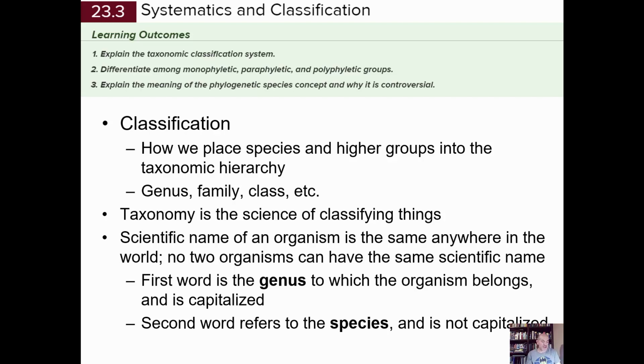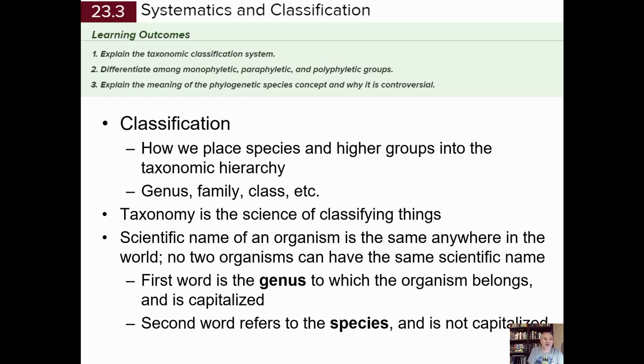This is a really important idea, because we're going to be doing a survey of some of the biodiversity that we see here on planet Earth. And we have to know about that classification, and how that relates to the evolution that got us this biodiversity. What are the relationships?